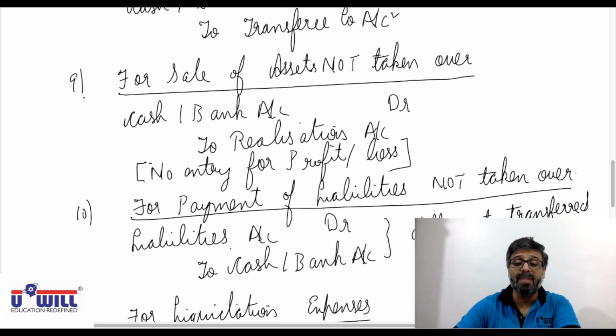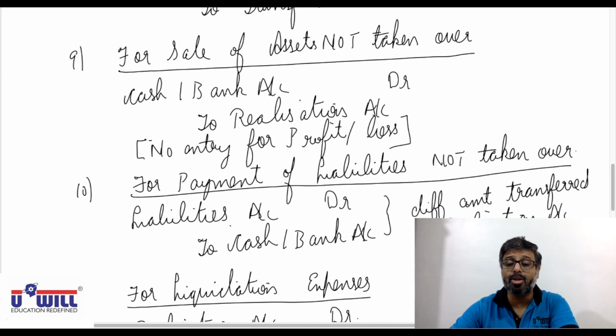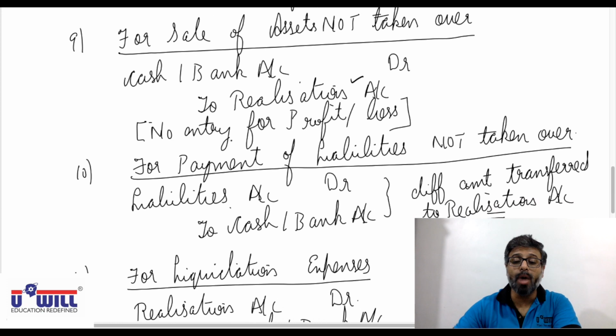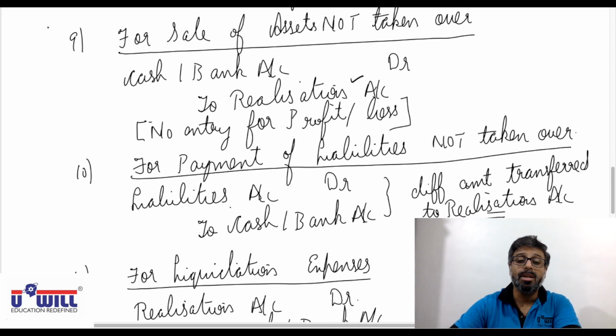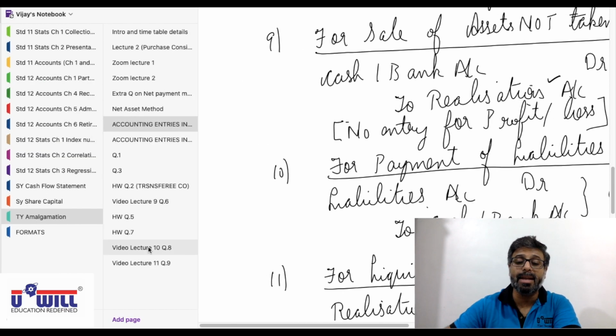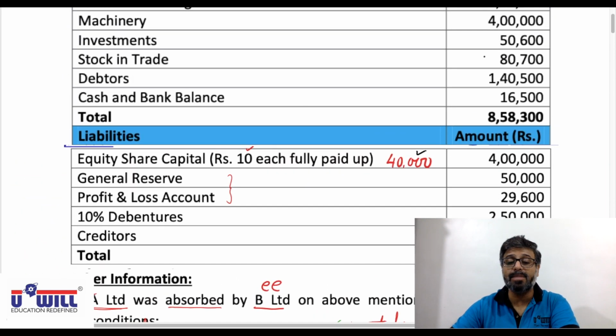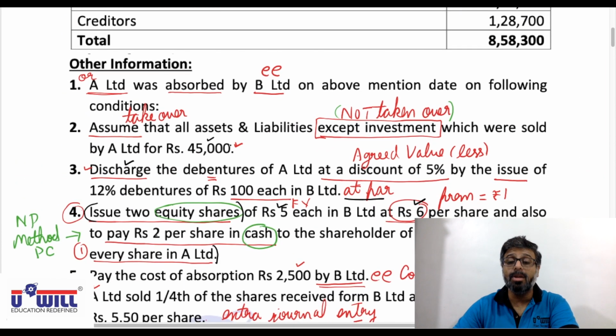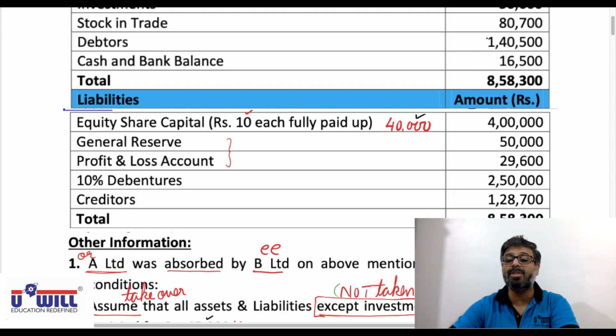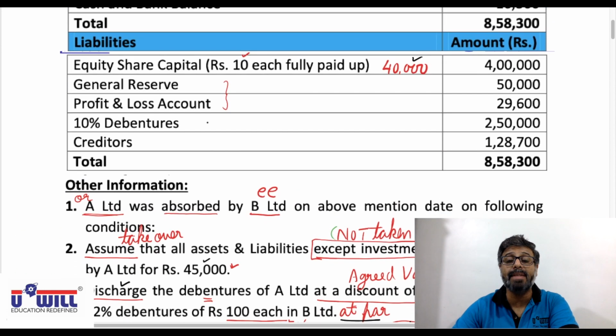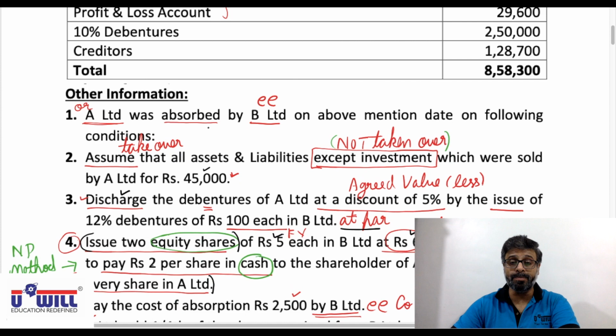See 9th entry for sale of assets not taken over, cash or bank to realization. No entry for profit or loss because it automatically gets recorded. So 50,600 investment sold for 45,000. No entry for loss of 5,600. It automatically gets recorded. How?